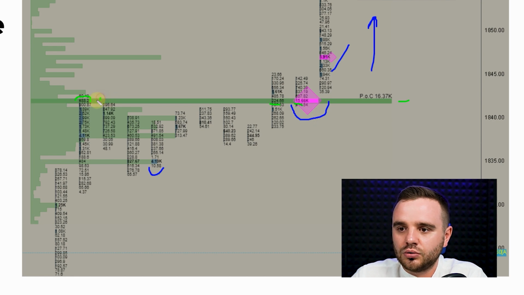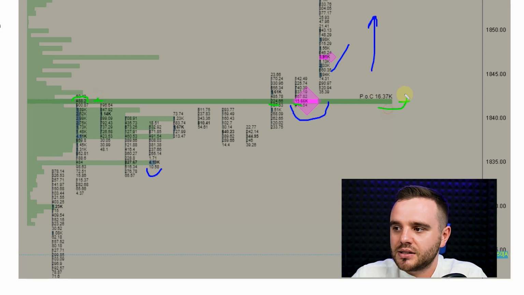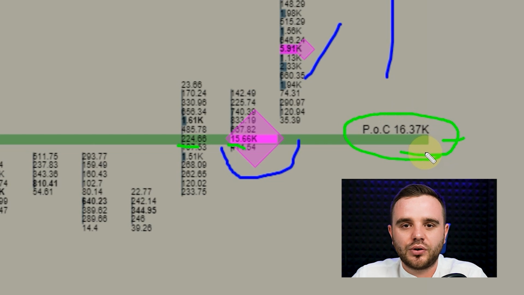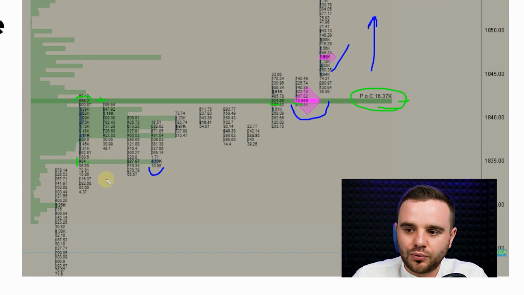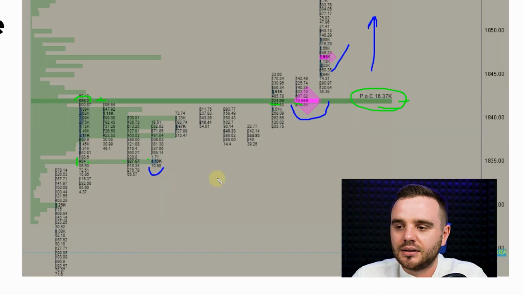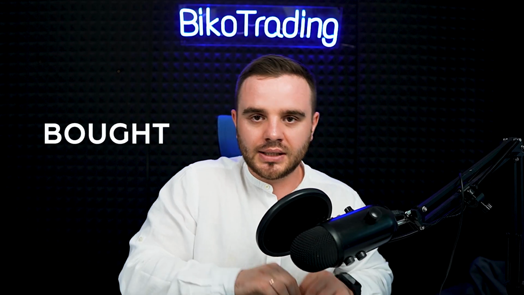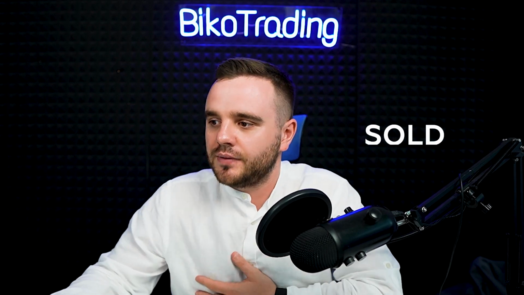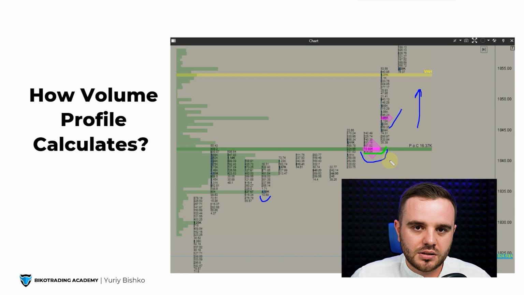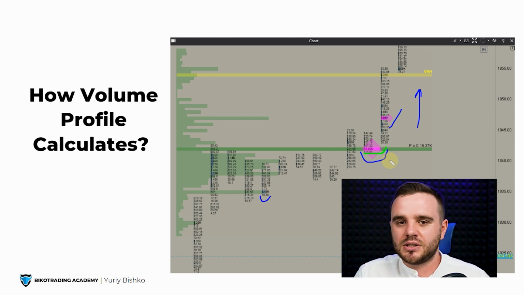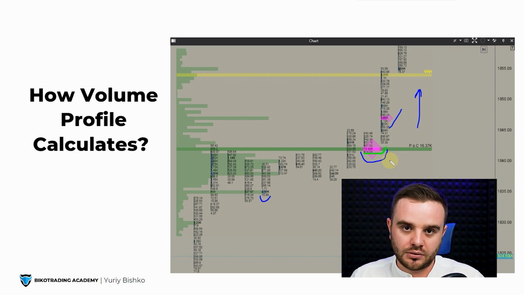If you add all of these numbers together, it will be approximately 16,370. Another example is 484, 827, 819. Remember about these contracts: it means someone bought and someone sold. If I buy a large number, like 15,000 contracts, it means someone sold it to me. There are always two sides of a deal, always.